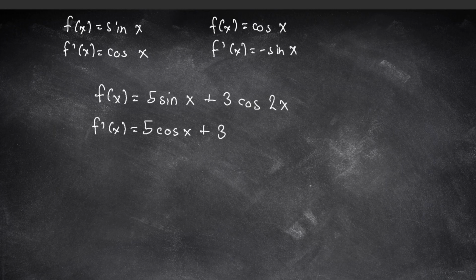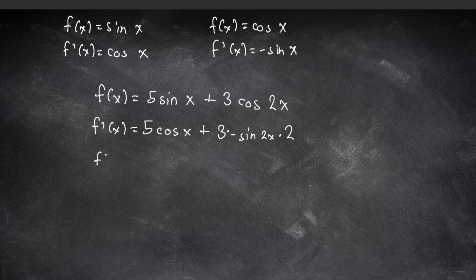And then the derivative of cosine is going to be negative sine. But it's not just cosine of x, it's cosine of 2x. So we have a function inside the cosine, and a function inside a function means we need to chain this.